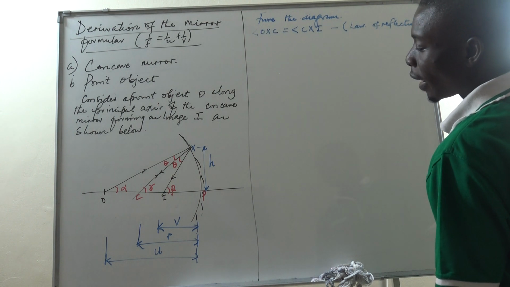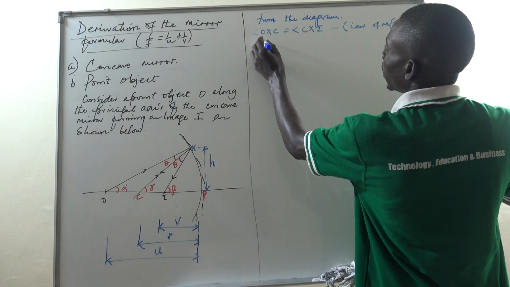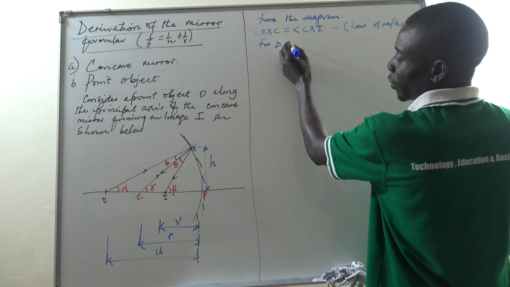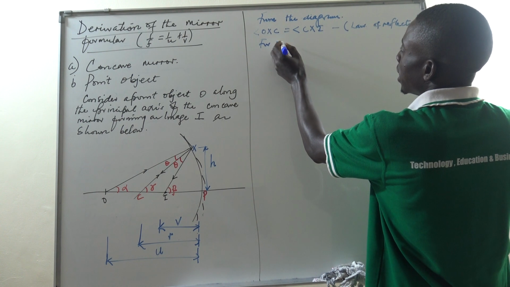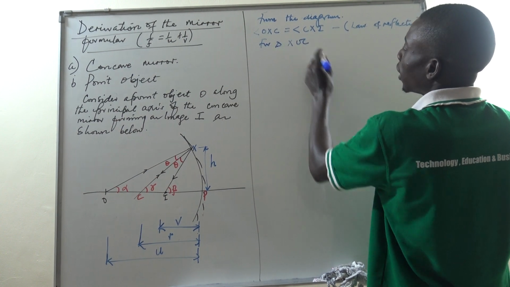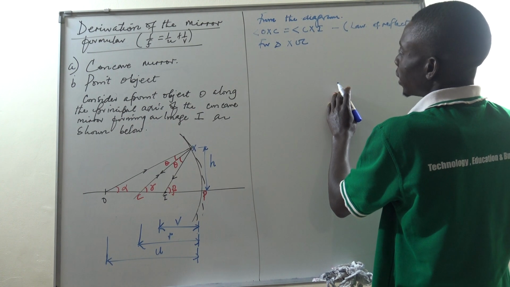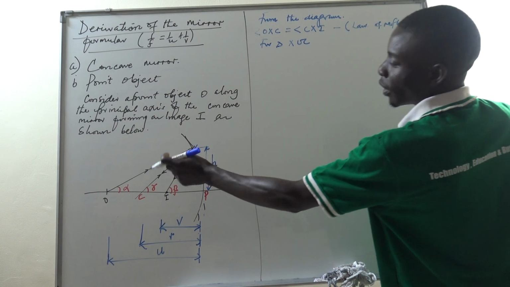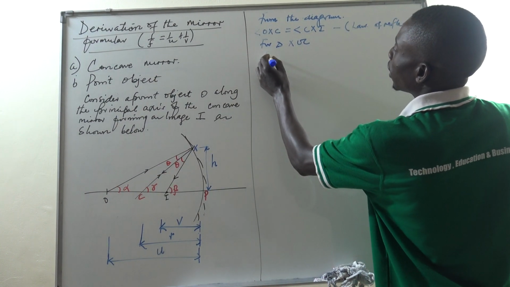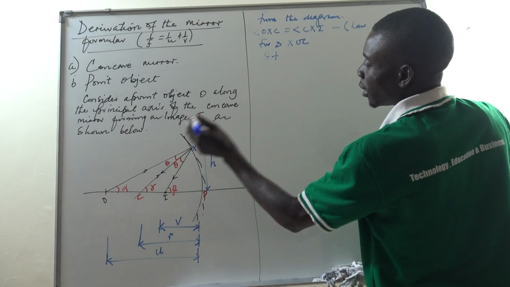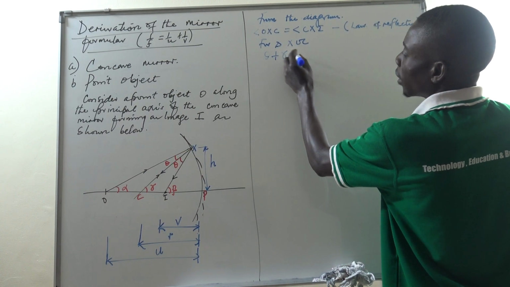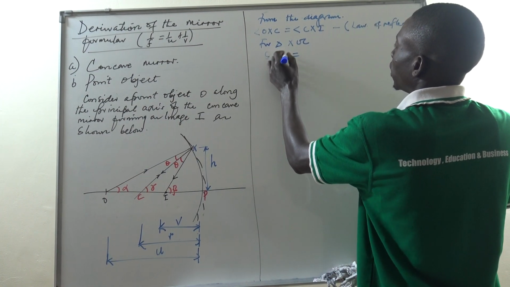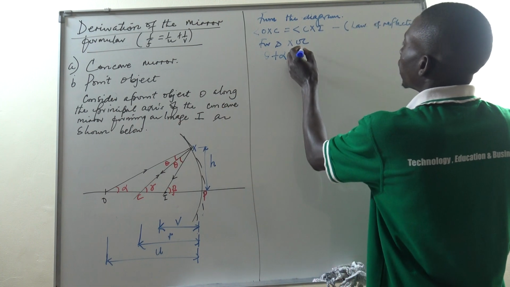And then we can also say for triangle XOC, theta plus alpha is equaling to gamma.